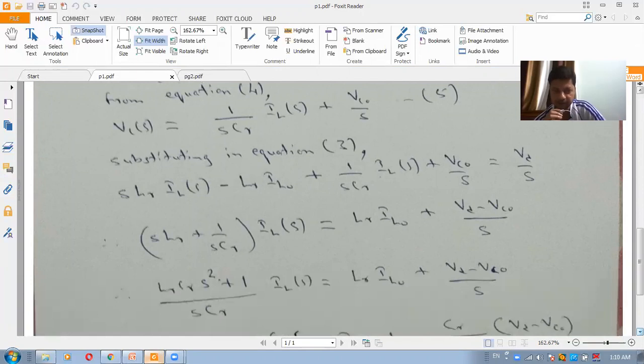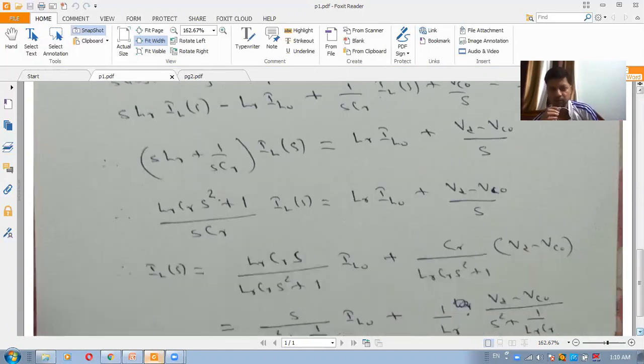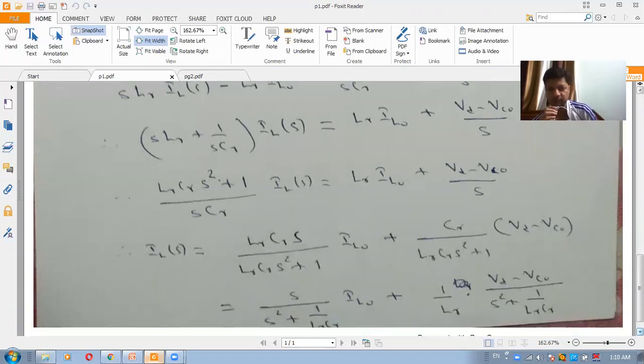And the left hand side then becomes LR CR S squared plus 1 upon S CR into IL of S, and the right hand side is LR IL0 plus Vd minus Vc0 by S. So if you keep only IL of S on the left hand side and all the remaining terms on the right hand side, then this is the equation that you get.